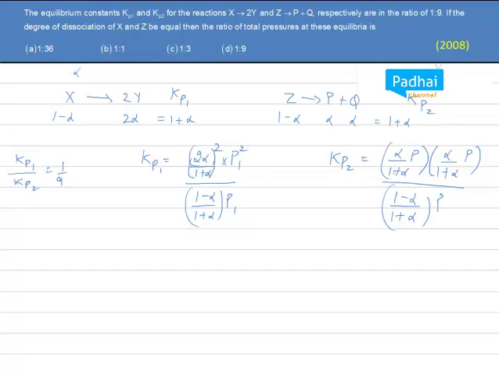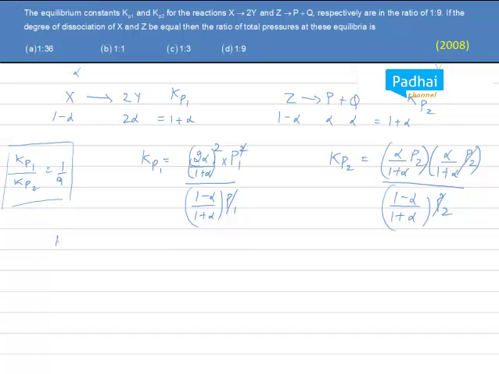So if I divide these two equations, that means Kp1 by Kp2, if I put these values in these equations, what will I get? The denominators will have P2, and P2 will cancel out, and this power will go. So if I divide these two, the denominators will cancel out.